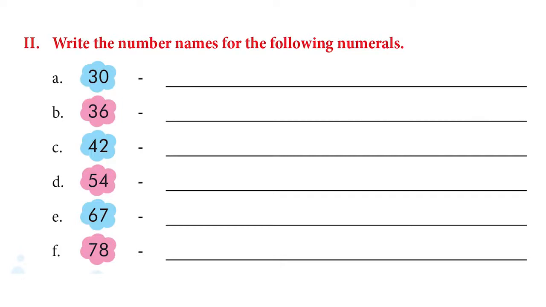Write the number names for the following numerals. The numerals are given on your left side. Now you have to write the number names. Let's try an example. 30. How do you write 30?